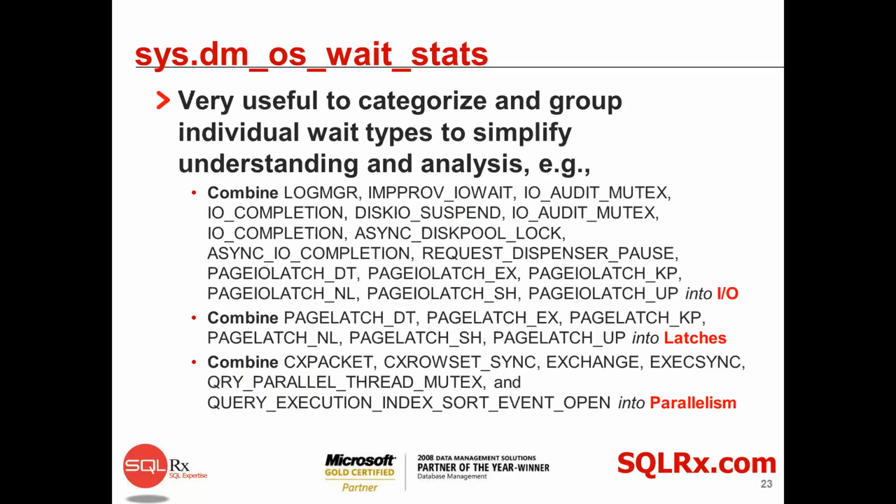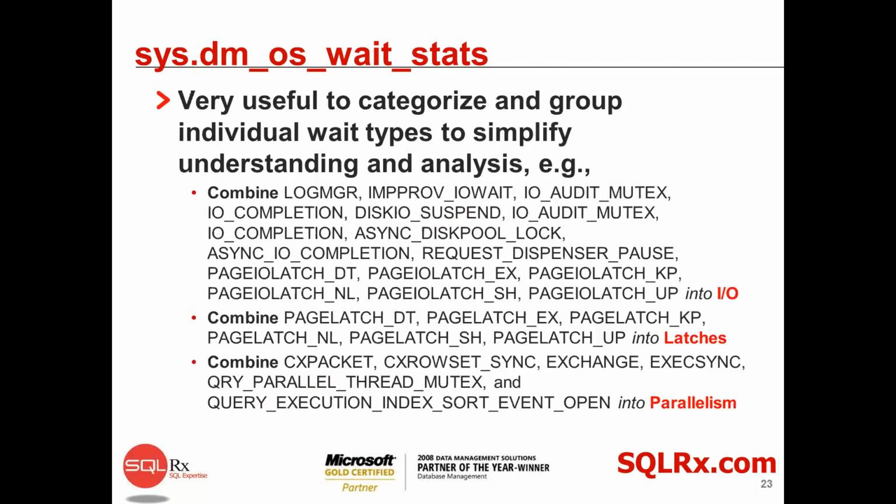Management is not going to know, typically, what an I/O completion is, what an async I/O completion, an async disk pool lock, a page I/O latch, DT, and any of that other stuff. They're not going to know what all that means. But they will know if it's saying you're getting tied up in I/O handling.